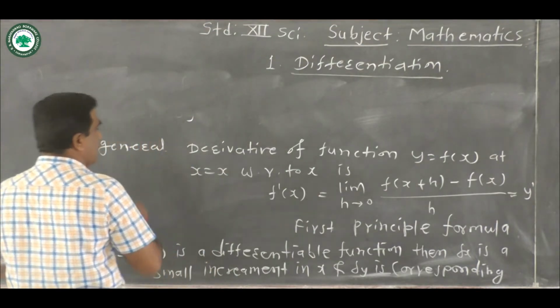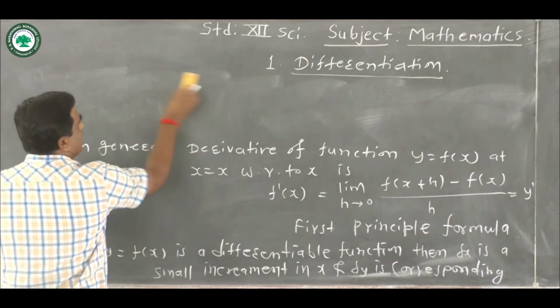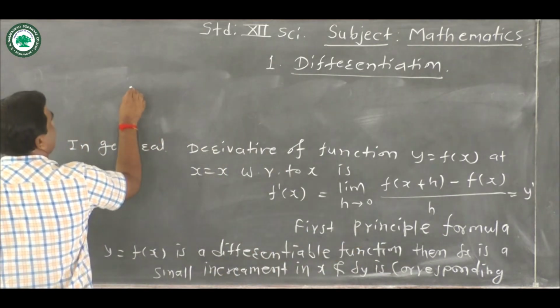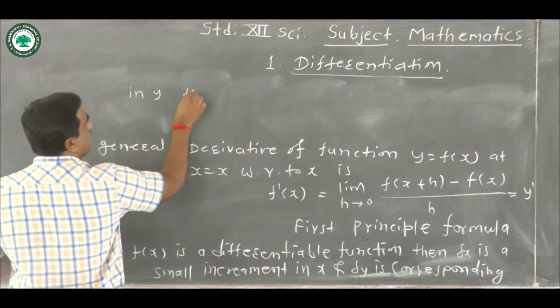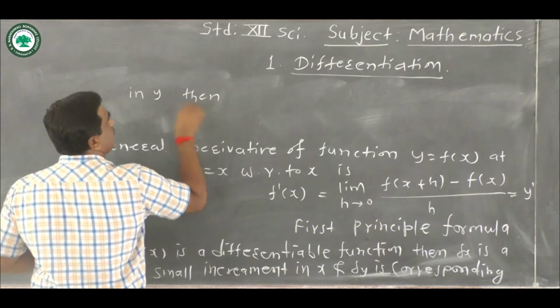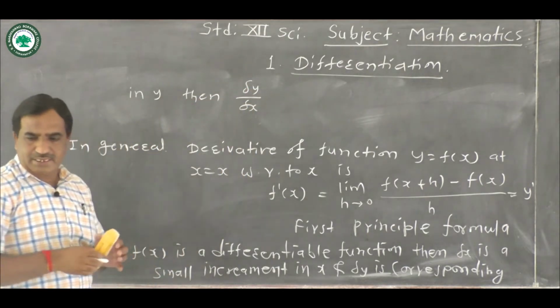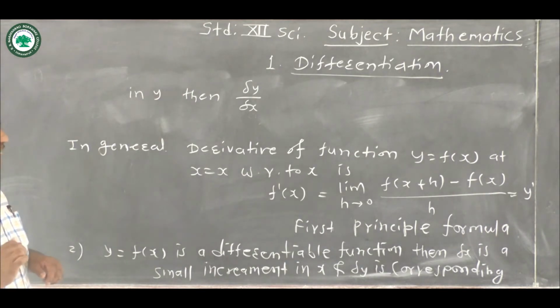Then delta y upon delta x is an incremental ratio of delta y and delta x.